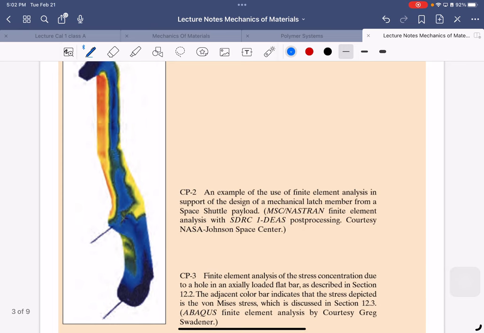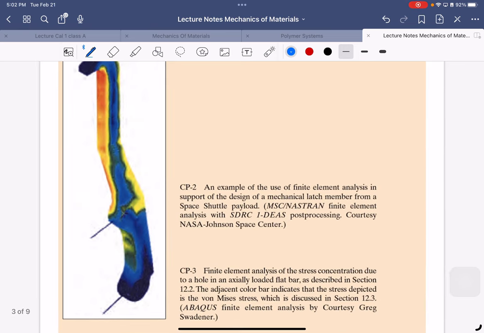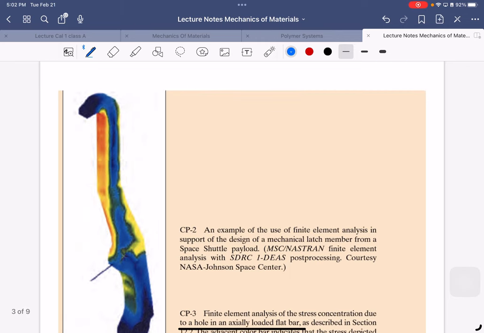Okay, this is also another example, the stress concentration. This is the mechanical latch for a space shuttle. So it's for opening the latch. If you see this part here has the most stress.